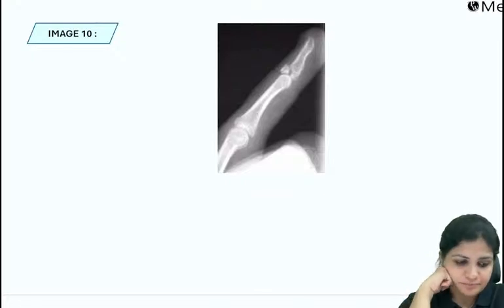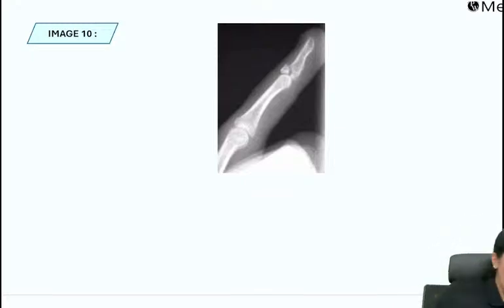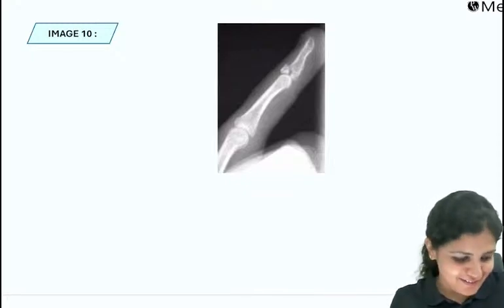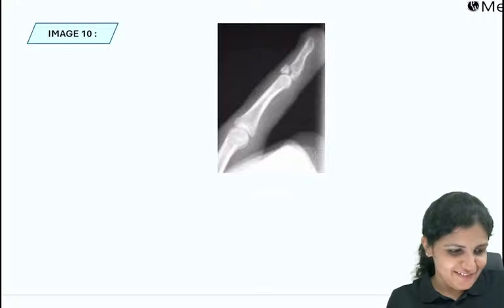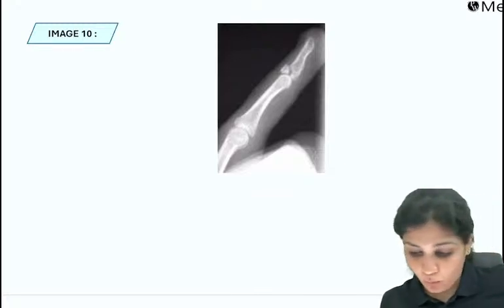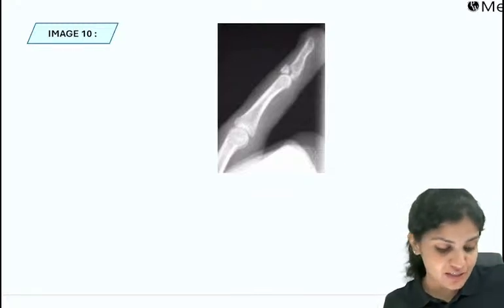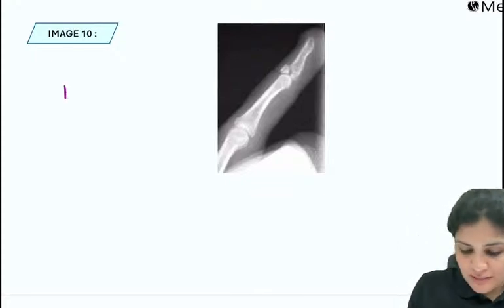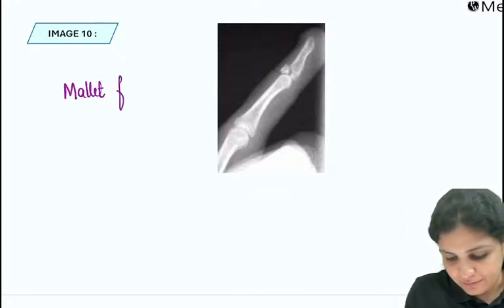What is this image? What is this? I'm waiting for the answer. Oh, pencil thin cortex. So this is a mallet finger.